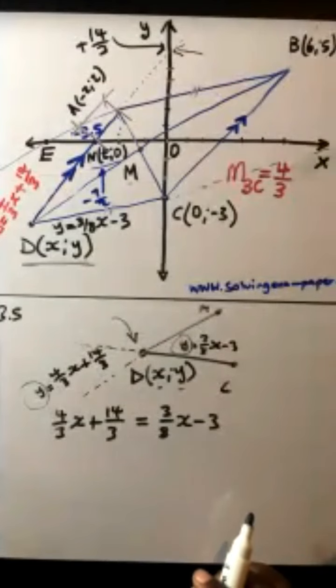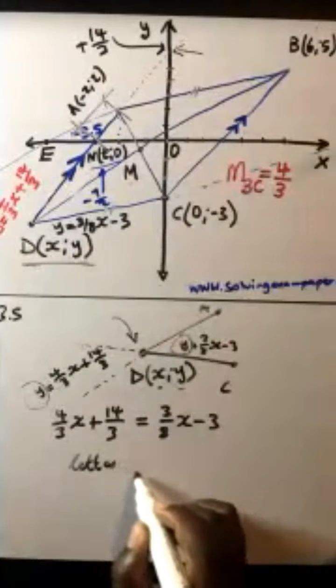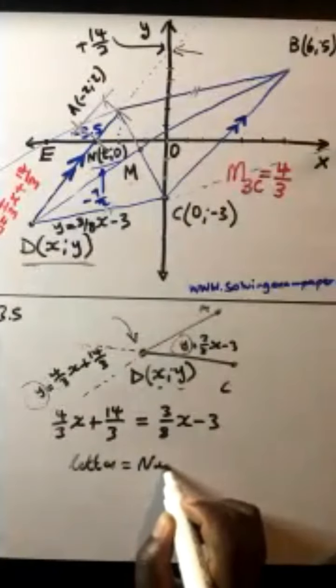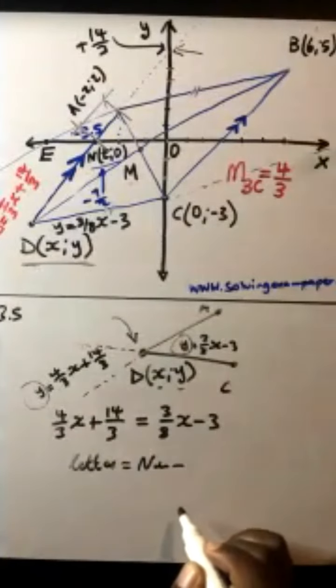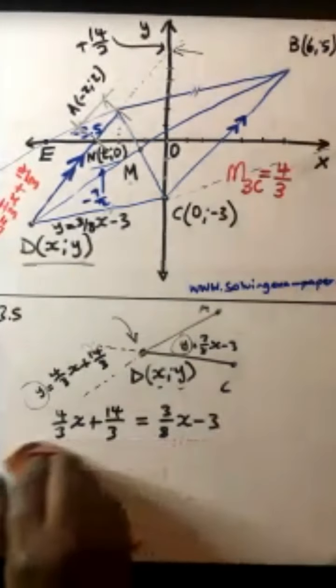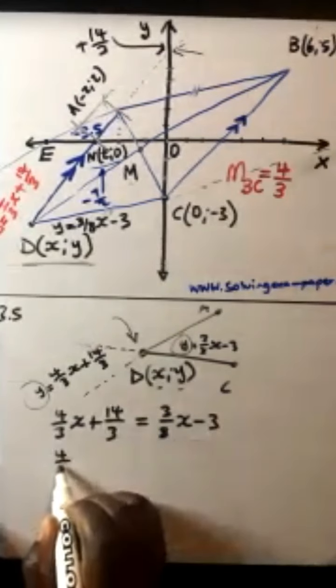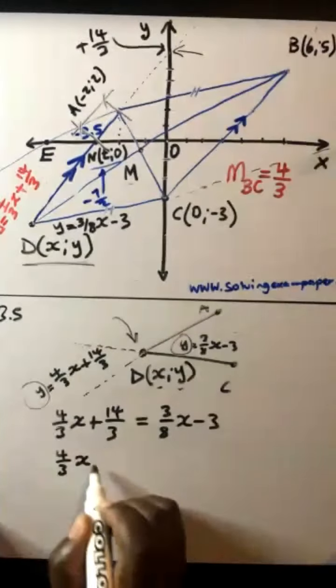Obviously, when you solve for x, or generally when you solve for the unknown, you want to have letters on the left equated to numbers on the right. So what do I mean by that, ladies and gentlemen? Let's move all the x values to the left. We've got 4 over 3x.